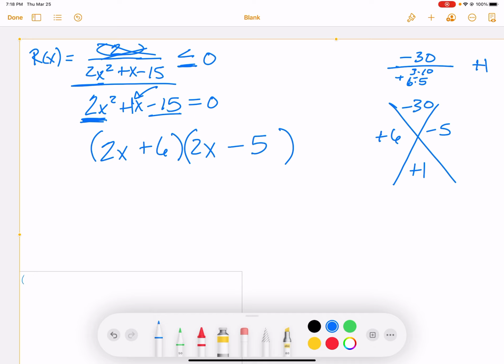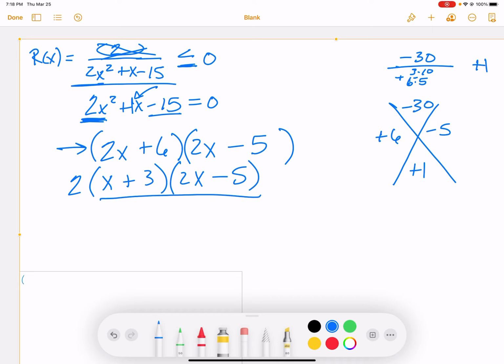Now, do you see one where we can still factor something out? Yes, this one. If we pull out a 2, we're left with x plus 3 and 2x minus 5. This is what we want. Just ignore this part completely. That's a super quick way to get to which combination of the first term versus the second term.